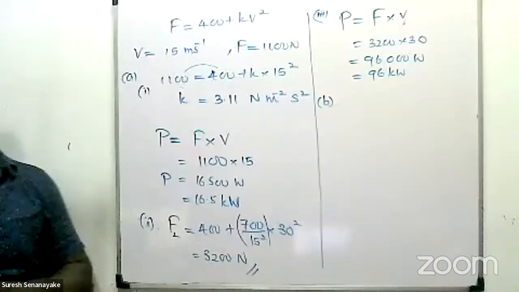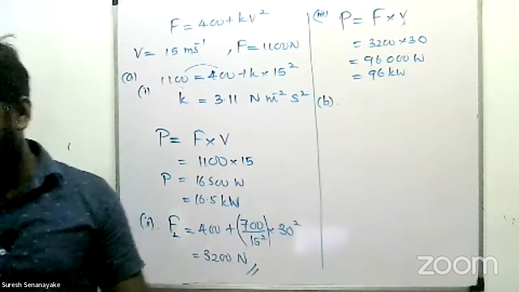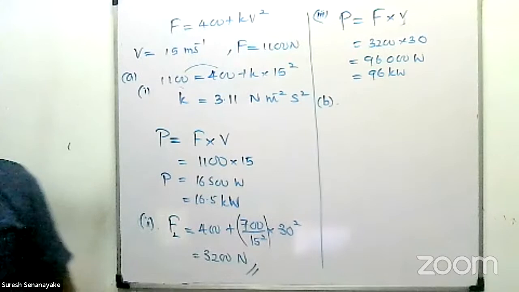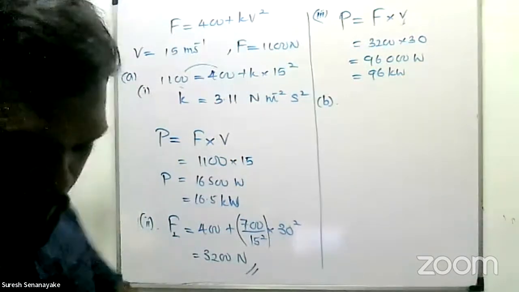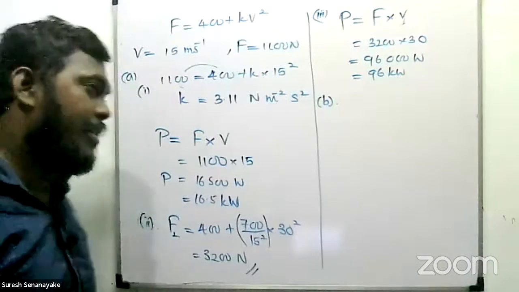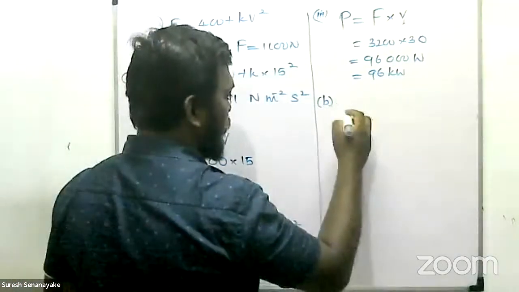Right. In part B, determine the energy expended in traveling 1.2 kilometers at a constant speed of 15 meters per second and 30 meters per second. First, we consider how much time is taken to move this 1.2 kilometers.